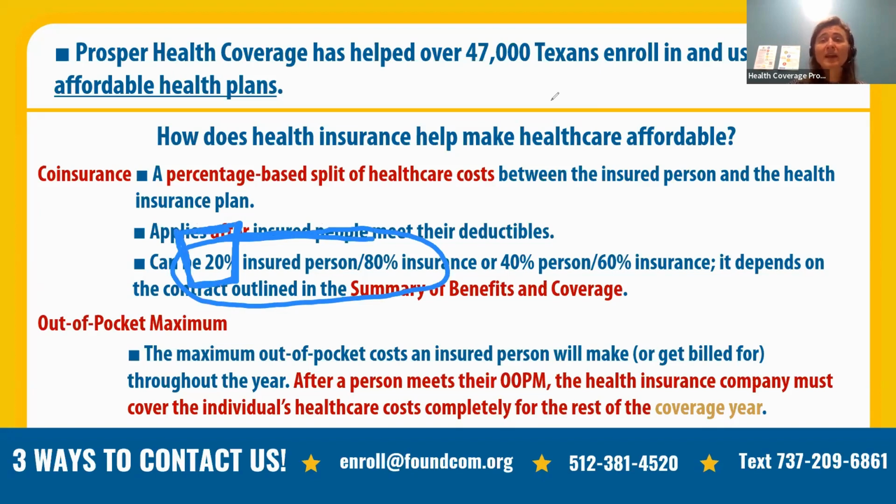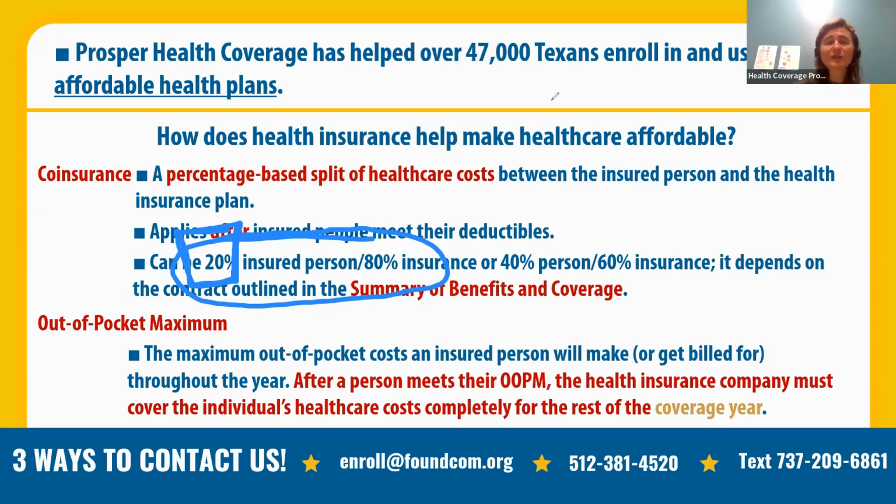So if somebody's out-of-pocket maximum is $2,000 or $3,000, then as soon as they incur the medical debt that reaches that out-of-pocket maximum, they can set up a payment plan with their surgeon or with their doctor's office.